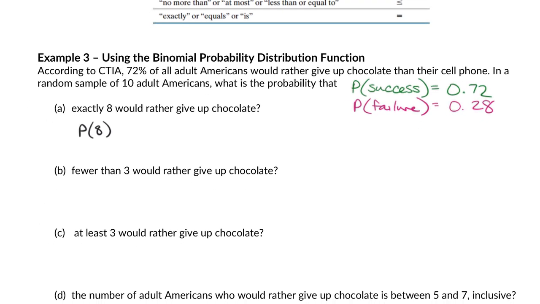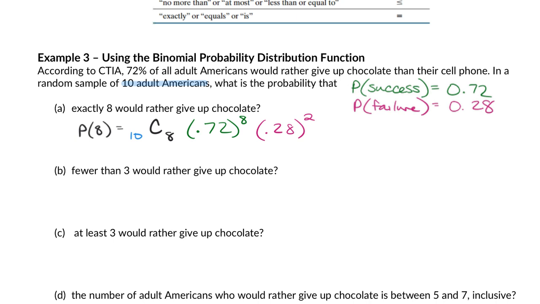P of 8 is equal to the number of adults in the trial, which is 10, choose 8, multiplied by my successes, 0.72 raised to that same power, 8, multiplied by my failure, 0.28 raised to what power? 2.